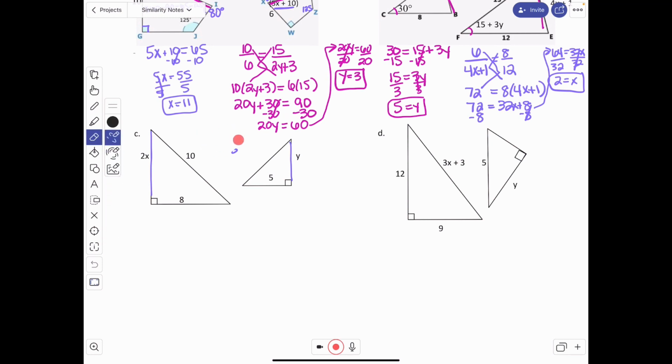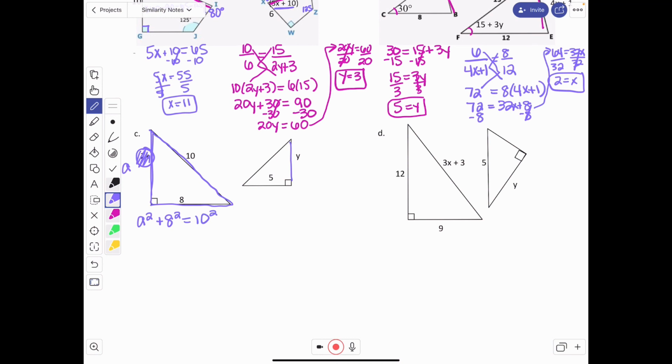What we have to do is, this triangle we can solve. We can solve for x by doing the Pythagorean theorem. I'm going to pretend I don't know this at all right now, and just call this a for right now. So I'm going to do a squared plus 8 squared equals 10 squared.